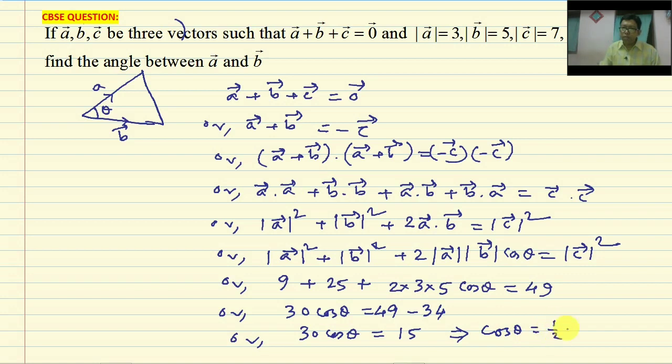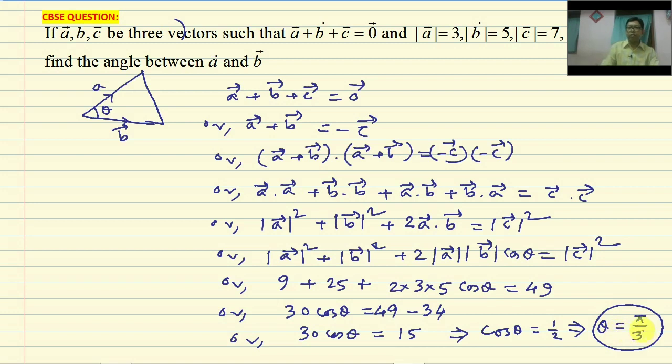So you are getting theta is equal to cos inverse of half, and this is 60 degree, or you may write pi upon 3 radian. So the angle between the vectors A and B is pi upon 3 radians.